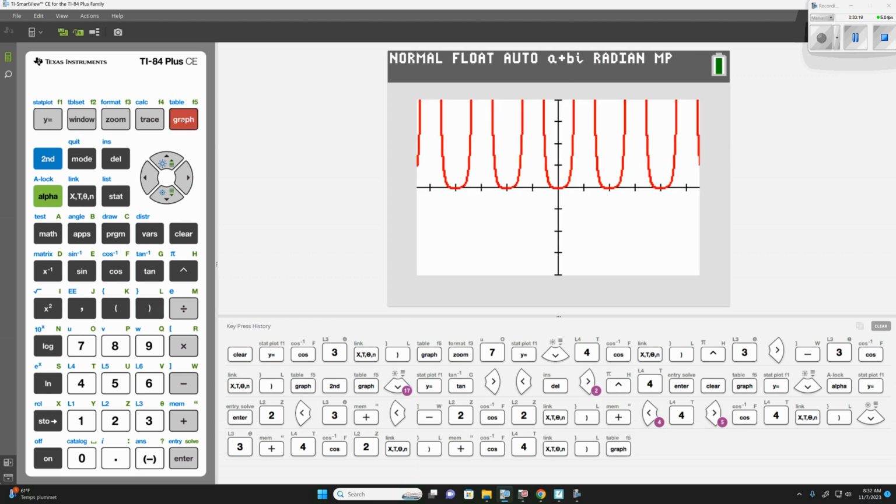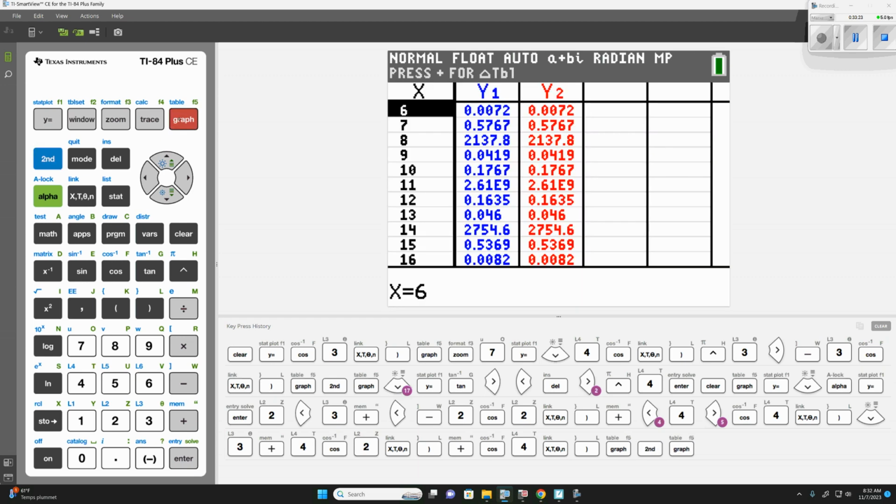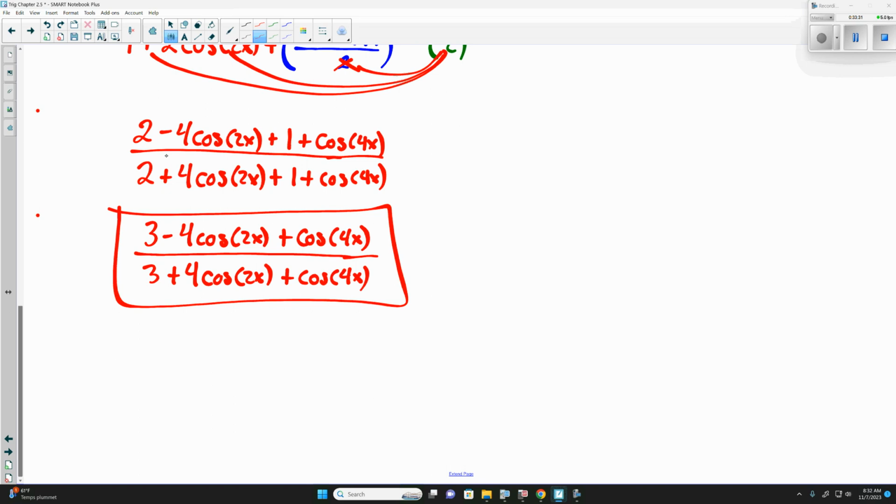Yep, covered it right up, like it should. If we look at the table, all the values we see here are the exact same. That's telling us that this is indeed the same as tangent to the fourth of x.